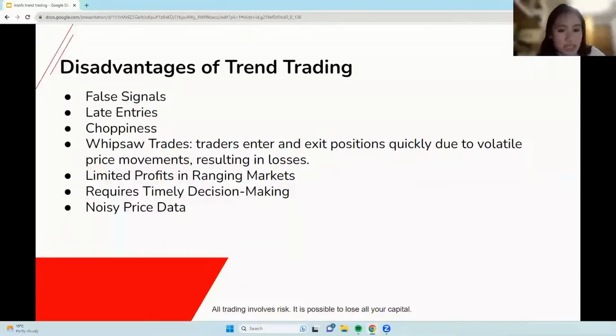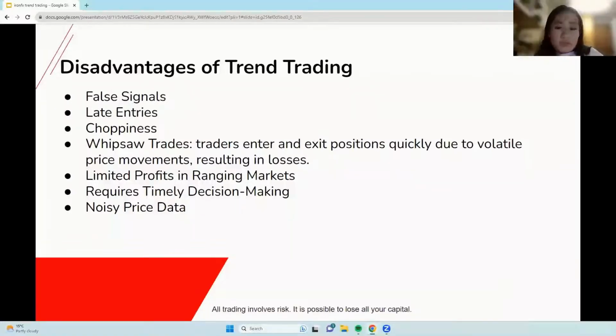Whipsaw trades is a phrase that describes when traders enter and exit positions quickly due to volatile price movements. These can result in losses, and this typically occurs when rapid changes in price direction occur. That's pretty similar to choppiness. So when I say trending markets, don't mistake that for choppy markets.